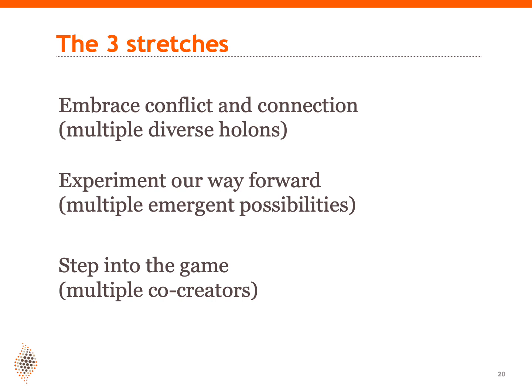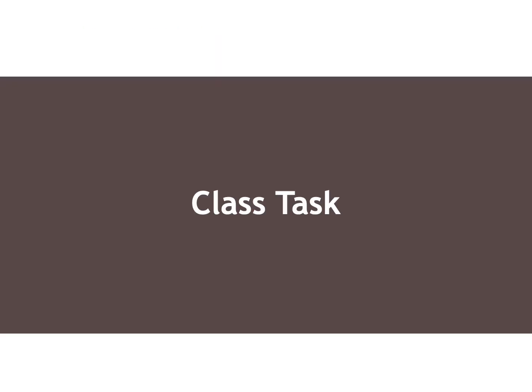So allowing for multiple emergent possibilities to align to an emergent strategy. And the third is that you're part of a system and you need to step into the game and be mindful of how your own paradigms are getting in the way of maintaining the status quo.